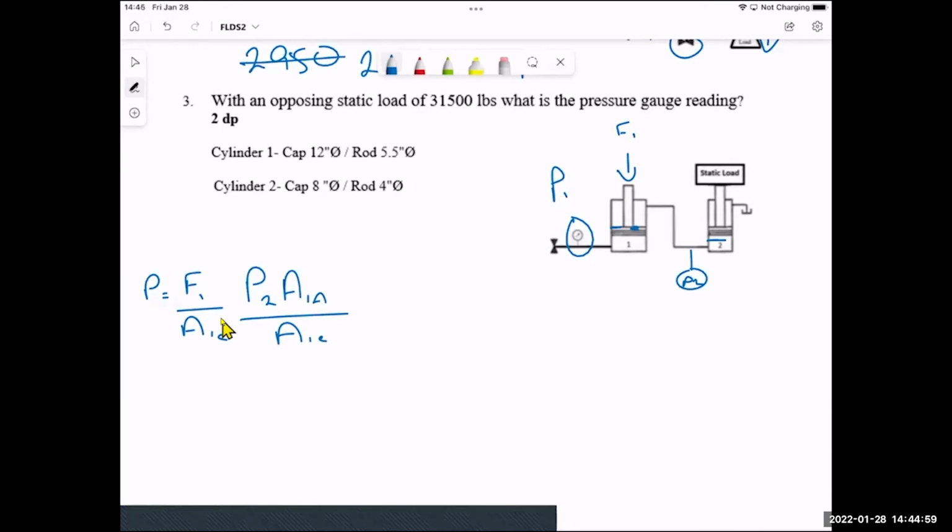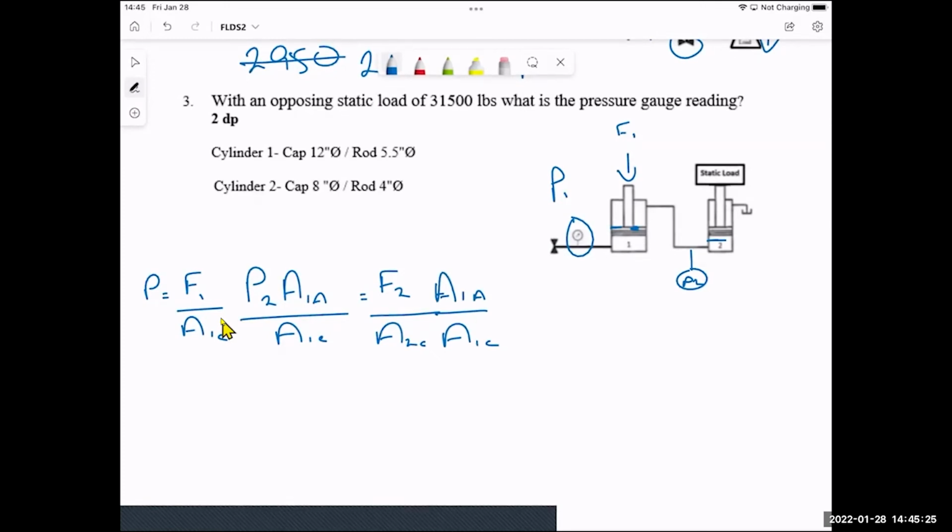But really that pressure 2, what did that equal? I can convert that into a force, which was force 2, over that area of 2 on the cap side. And then I still have the area 1 on the annulus side, area 1 on the cap side. And how do I calculate my areas?